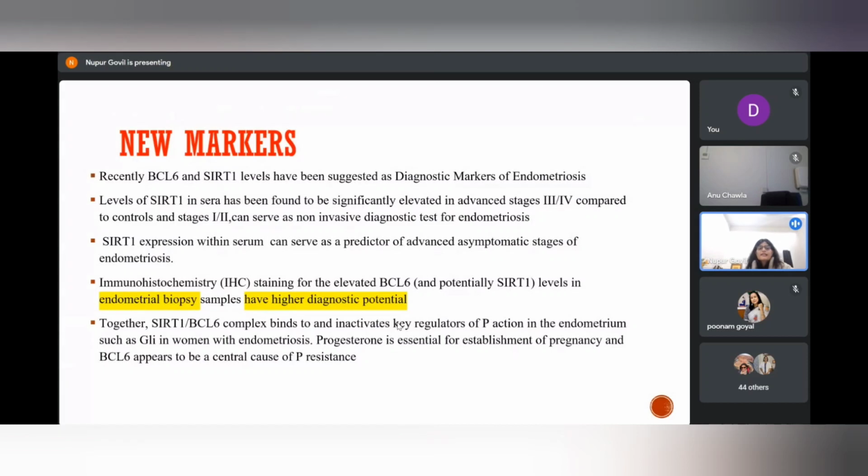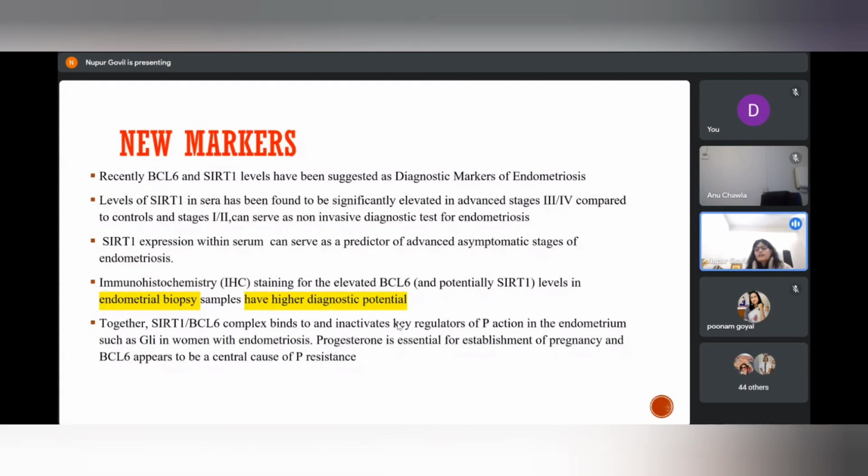Recently, new markers, as we discussed, BCL6 and SIRDA1 have come. The great thing about these markers is that they are the simplest way to diagnose hidden endometriosis, and where the endometrium expresses these markers, it indicates progesterone resistance.